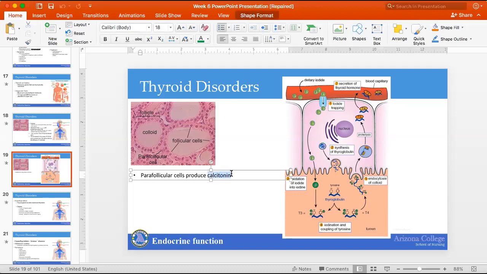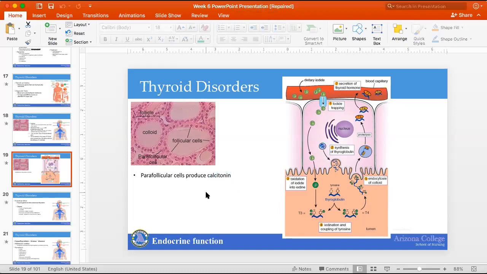So if you have a high blood calcium level or extra, let's say you drink some milk, and you want to put calcium into bone, you will then release this calcitonin. And so these parafollicular cells in the thyroid gland are the actual cells inside the thyroid gland which produce calcitonin.